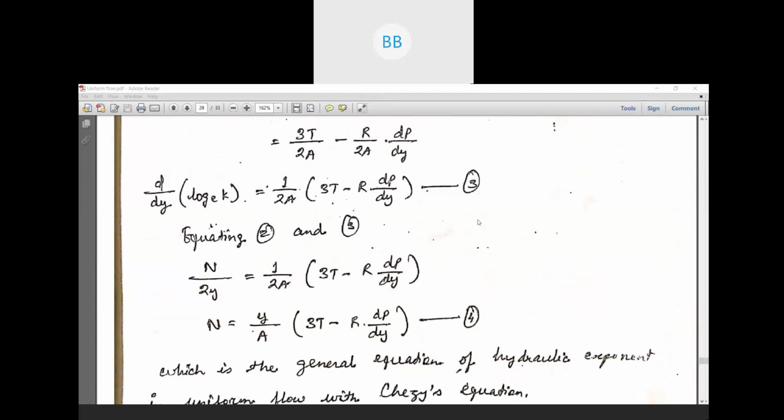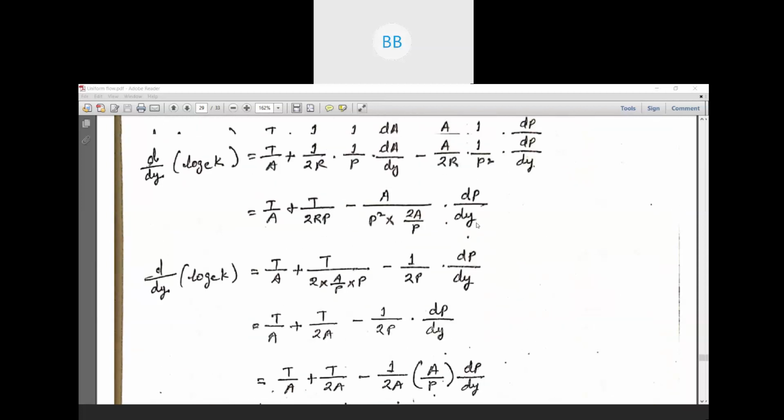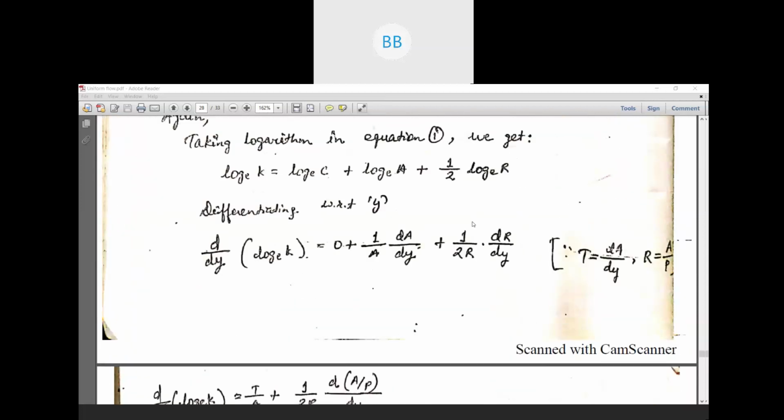Students, go through the derivation, and see if you have any doubts.